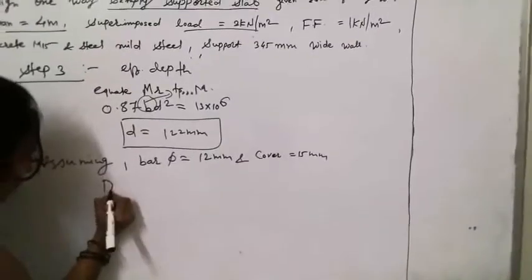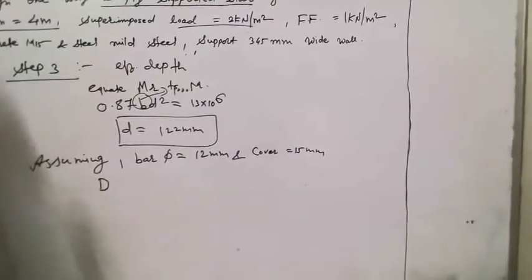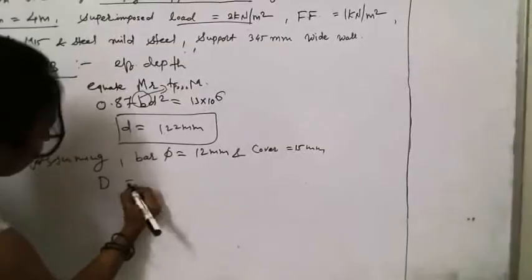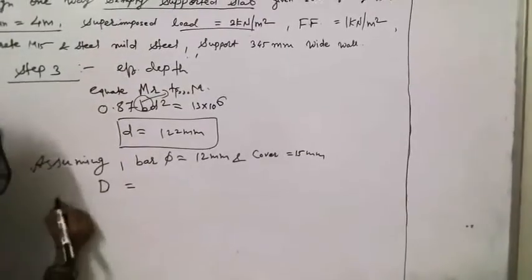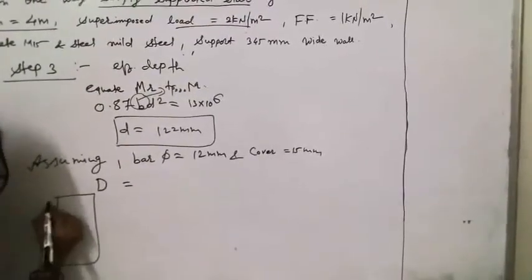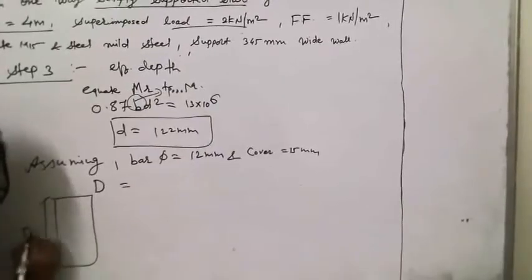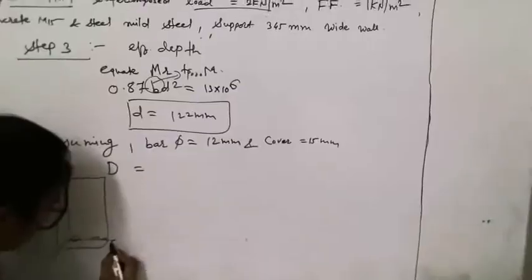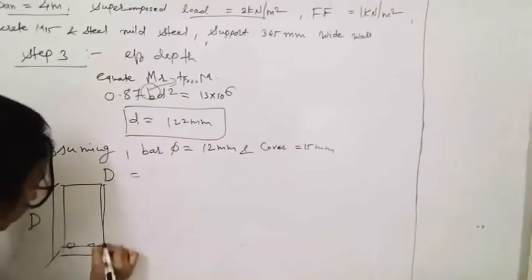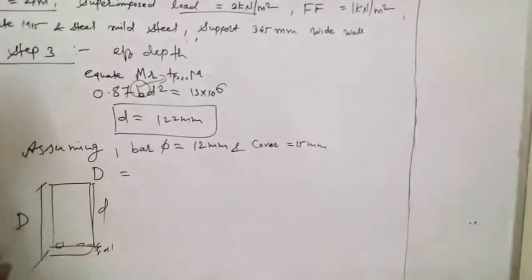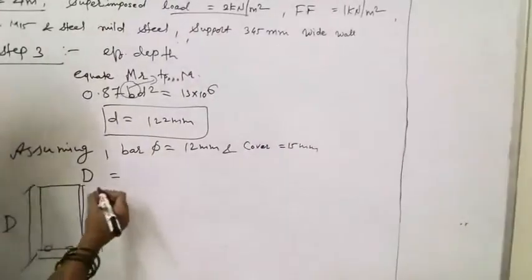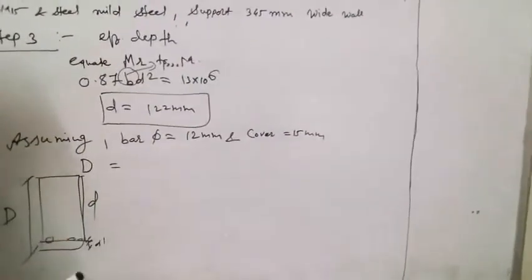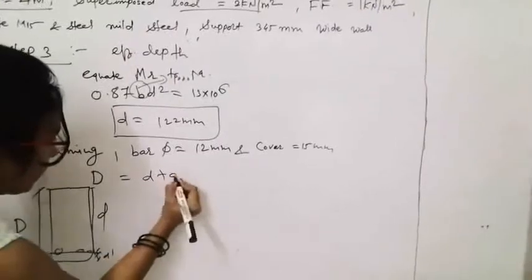Therefore, total depth D is equal to, as we had seen, this overall depth capital D is d plus d dash. D is equal to d plus d dash.